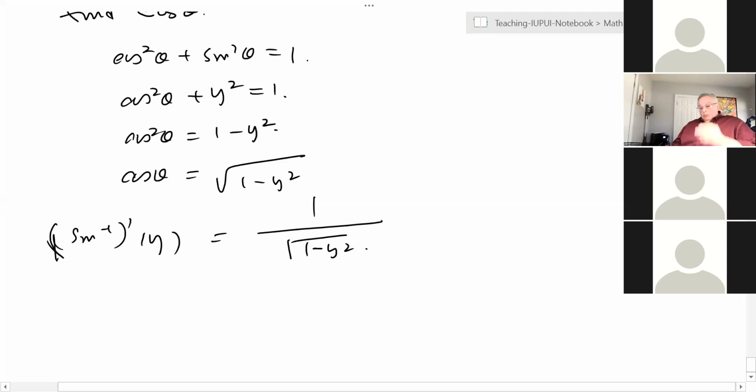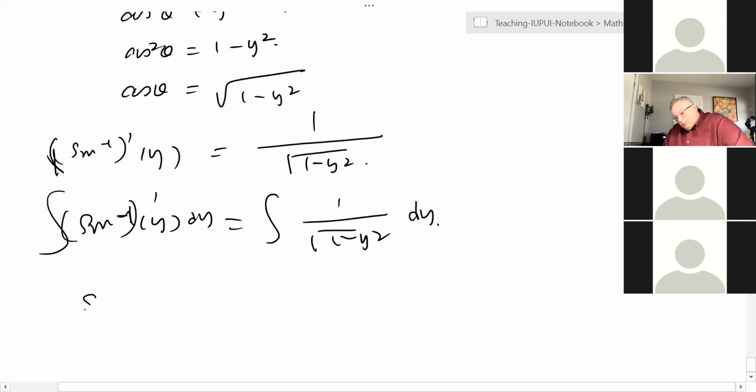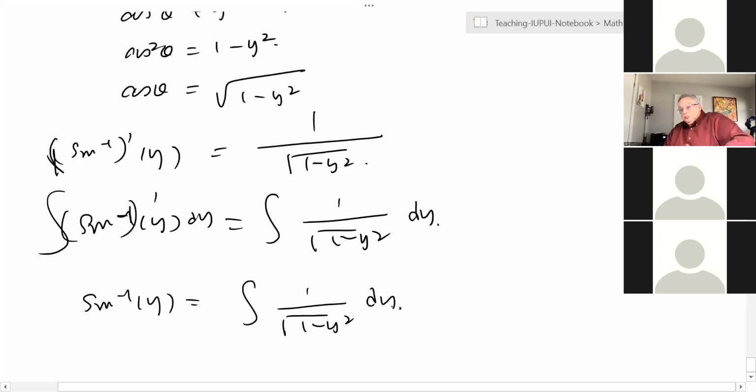So you can integrate, right? You can integrate, and the left-hand side will be the inverse function.